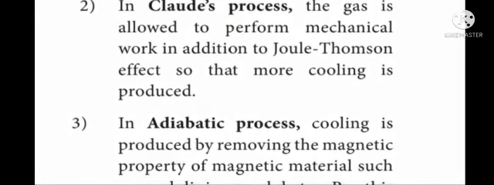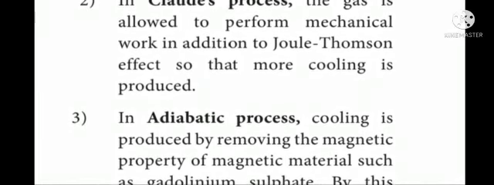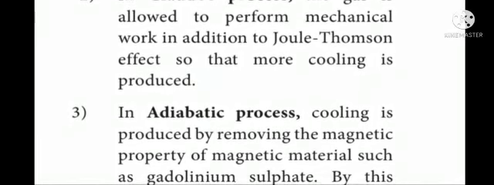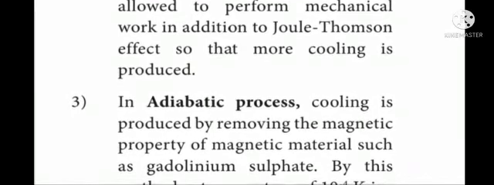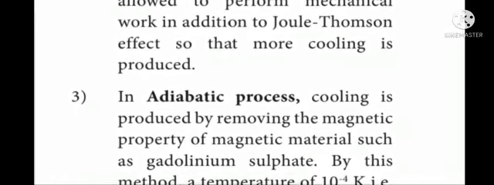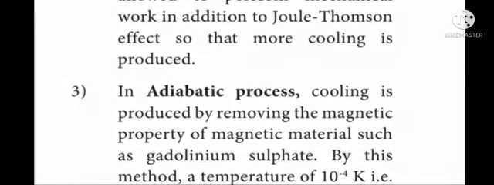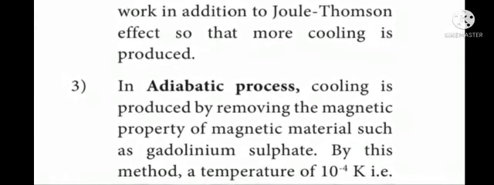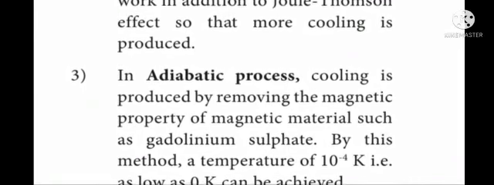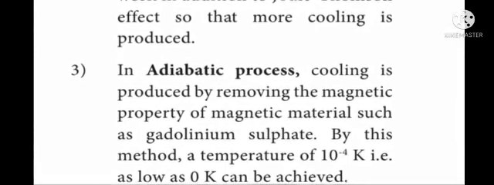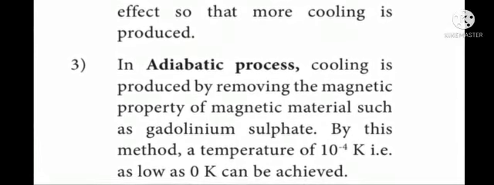Finally, we are having the adiabatic demagnetization process. In the adiabatic process, cooling is produced by removing the magnetic property of a magnetic material such as gadolinium sulfate. By this method, a temperature of 10 to the power minus 4 Kelvin, that is, nearly 0 Kelvin, can be achieved.